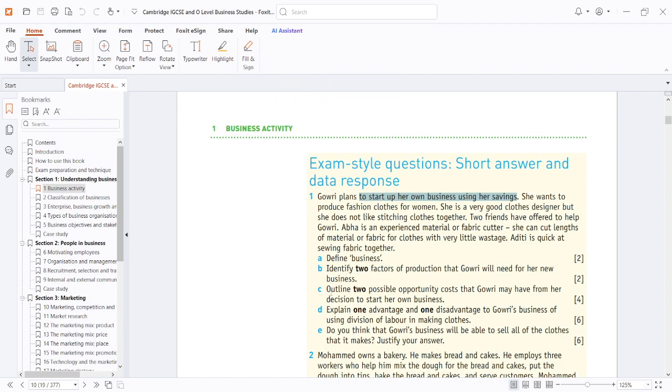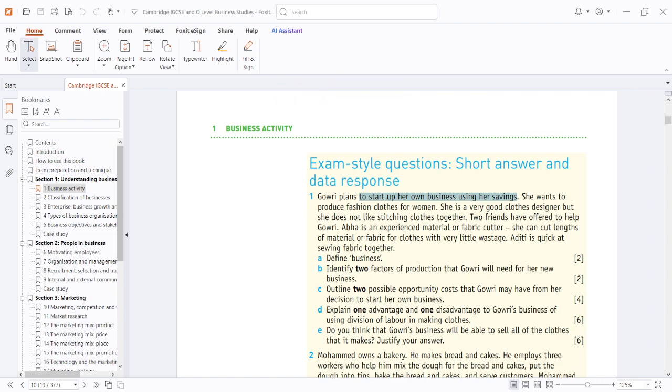Explain one advantage and one disadvantage to Gauri's business of using the original labor in making clothes. We just covered this. If you're stuck, go back to parts of the video earlier.